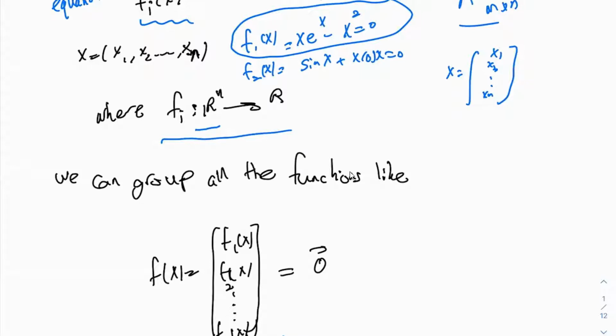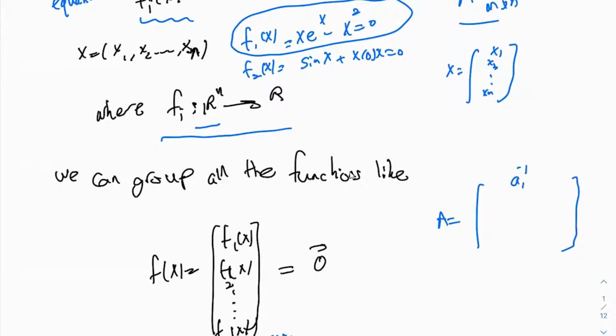In a linear least square, what did we have? We had a matrix A, right? But how do you represent this matrix A? By its row vector representation, A1 transpose, A2 transpose, all the way to AM transpose, where these Ai transpose are the rows of matrix A, right?